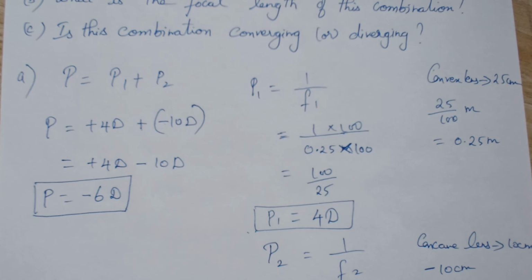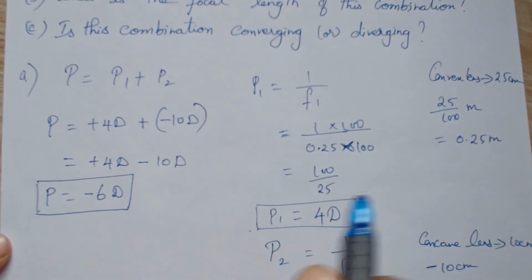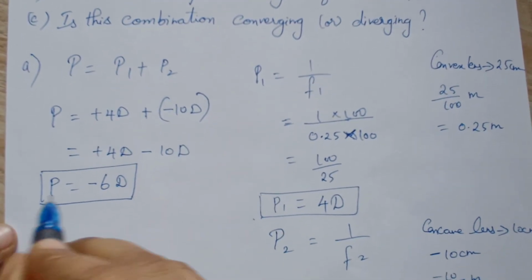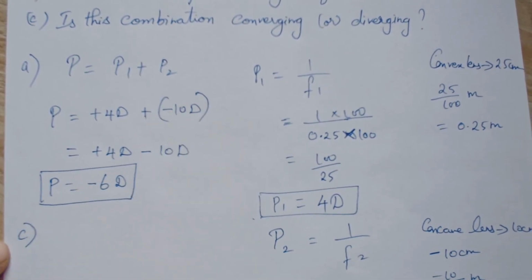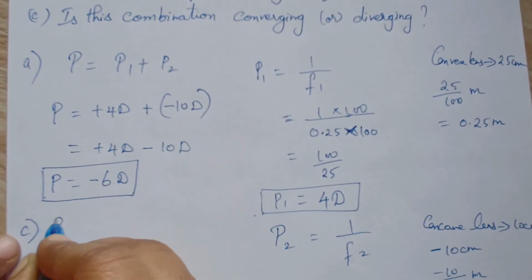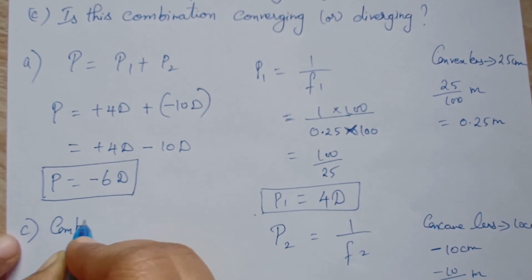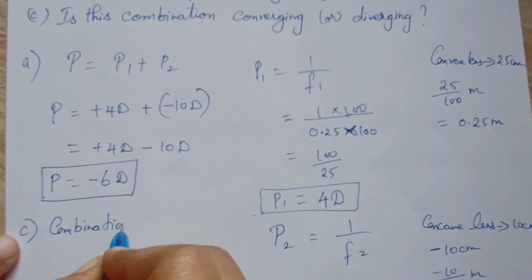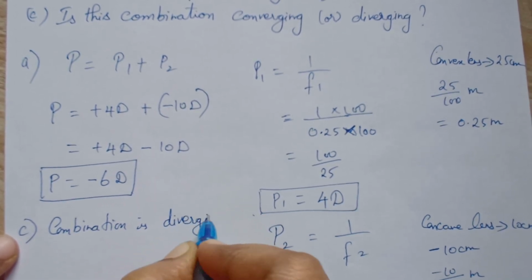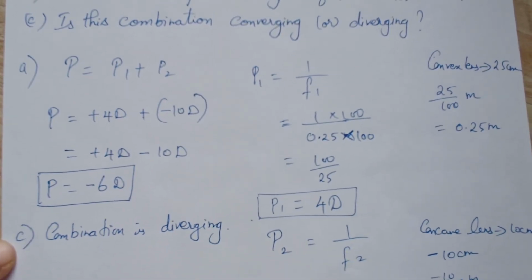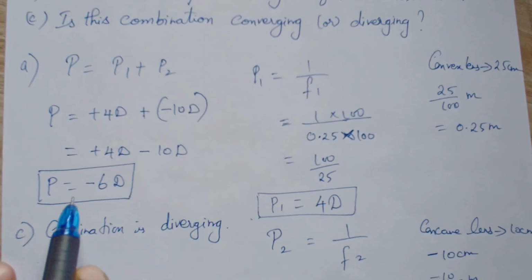So we found part A, the combined power, and part C also, that the combination is diverging. We have found this by power.